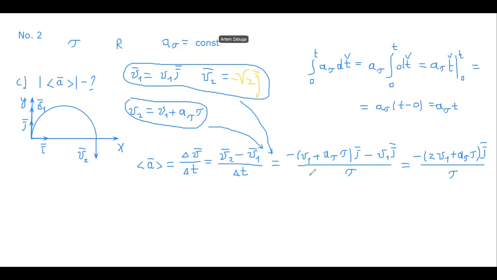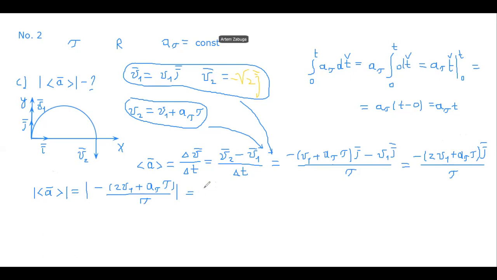Okay. If we have no questions, we can continue our solution, because according to the description, we have to find the modulus of average acceleration. So it will be the modulus of minus 2v1 plus a tau tau, divided by tau.